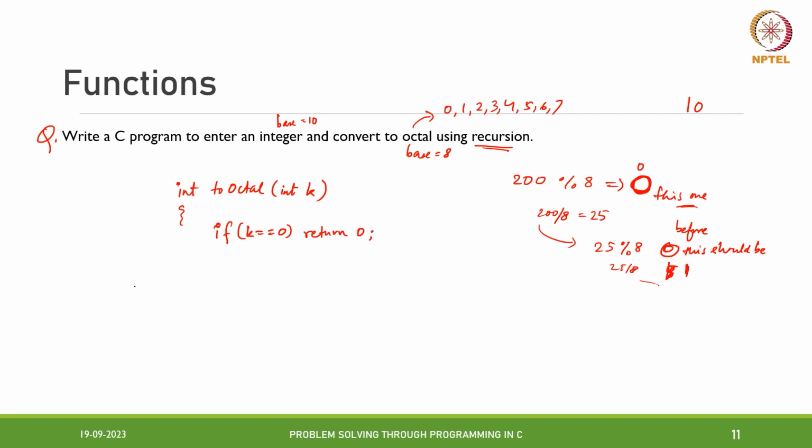So we just multiply whatever we get here with 10 and then pass it forward. So how you will write it is that return, you will call to_octal with k by 8, right, into 10 added with k % 8.